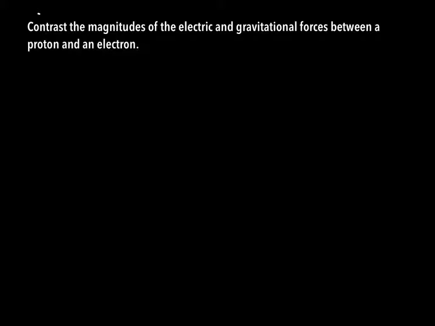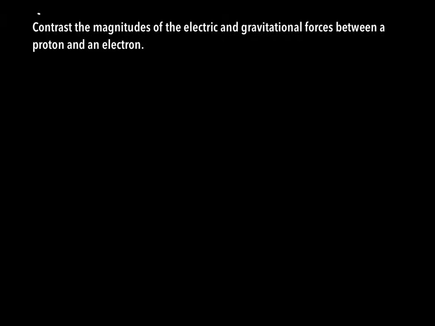So let's start with an example. Let's contrast the magnitude of the electrical force and the gravitational force between a proton and an electron. To start with, let's use a hydrogen atom. They have a separation distance, which we're going to let be R, of about 5.3 times 10 to the minus 11 meters.